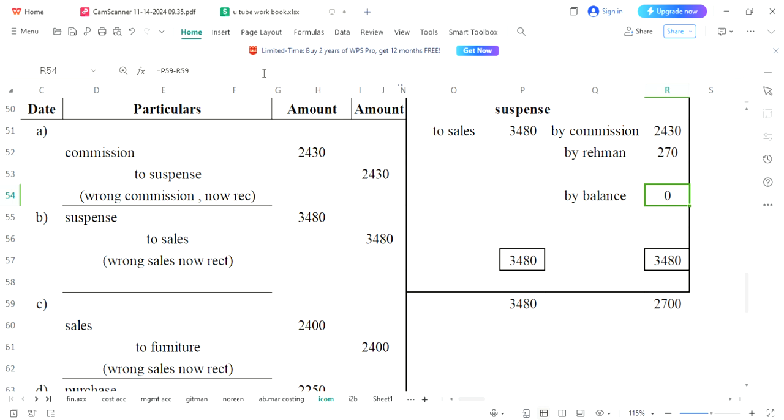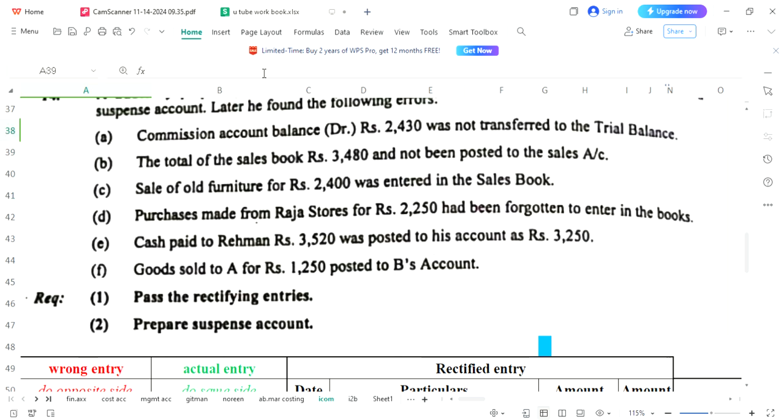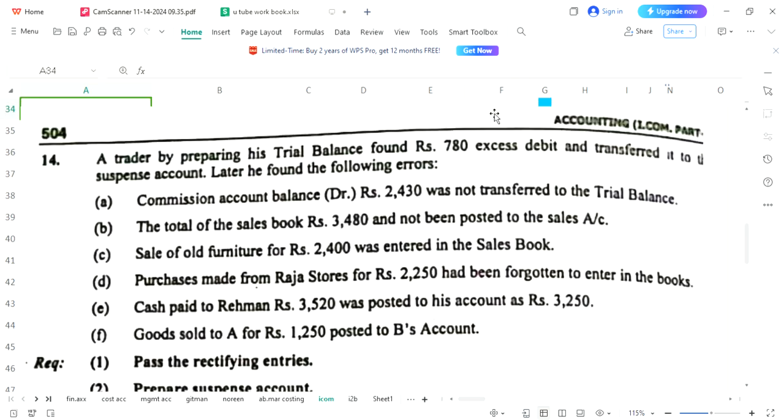Okay, 3480 is your larger amount, and you are needed to subtract 2700. So we have got 780. Look at here, 780, and the answer of suspense account which was told in question is also 780, and it has been told that it is excess debit.